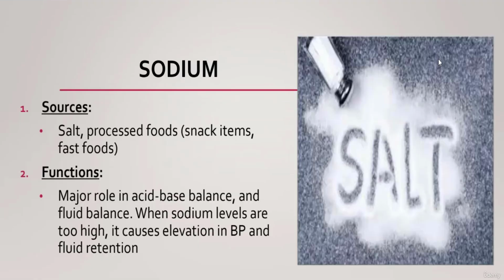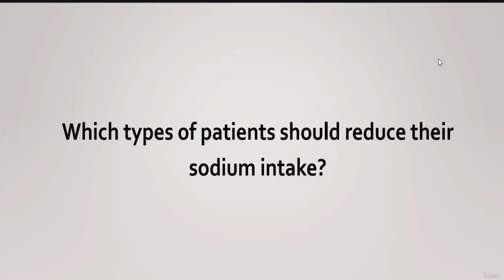Sodium: salt, processed foods, snack items, fast foods. Its major role is in acid-base balance, okay? When sodium levels are too high, it causes elevation in blood pressure and fluid retention, which is why you want to curb your sodium intake. Which types of patients should reduce their sodium intake? Again, any patient that is suffering from chronic illnesses, chronic diseases, high blood pressure, diabetes, right?